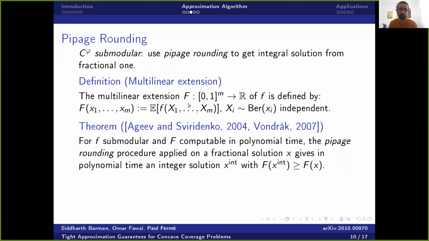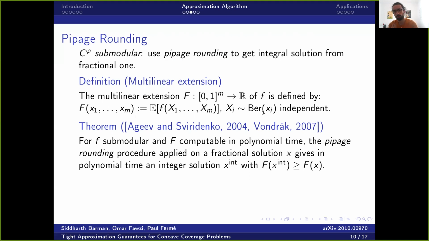This codes a set. And so the multilinear extension F, for any real numbers x between 0 and 1, is given as this F of x1 up to xm. You take the expectation of small f of X1 to Xm, where they follow independent Bernoulli laws.